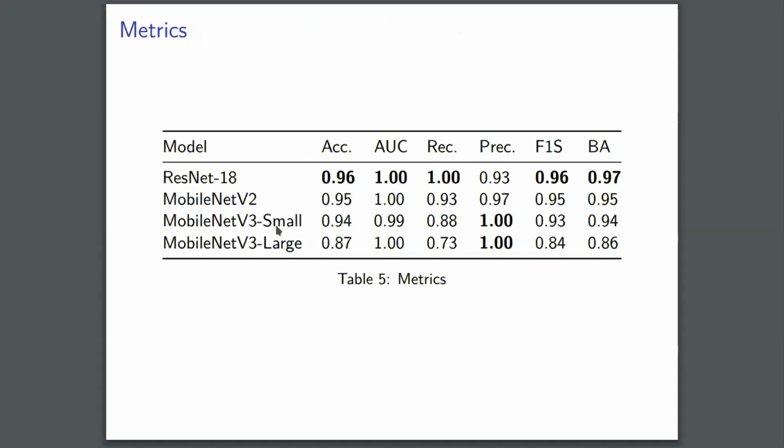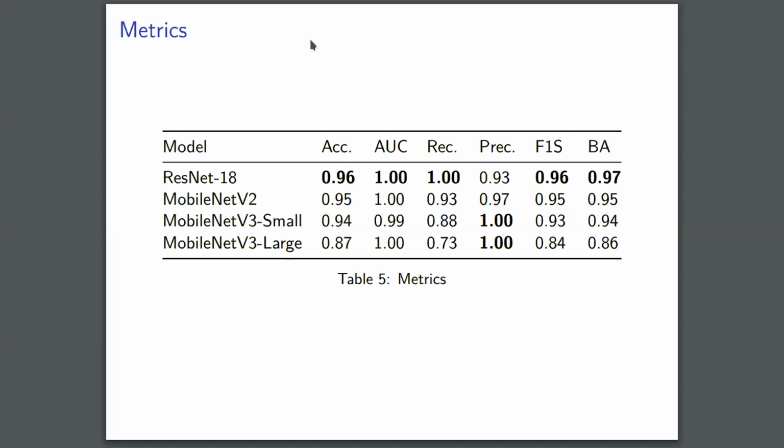And now coming to the testing metrics, we have tested various metrics like accuracy, area under the curve, recall, precision, F1 score, and balanced accuracy score. We can see that clearly ResNet 18 is much better in terms of every metric except precision. The reason why it isn't that good in terms of precision is that it makes fewer false positive errors.